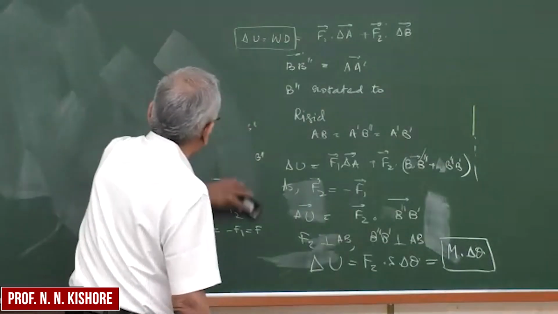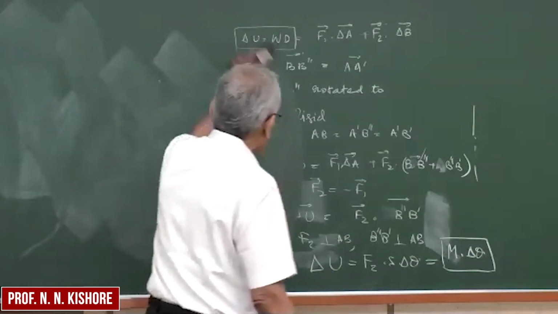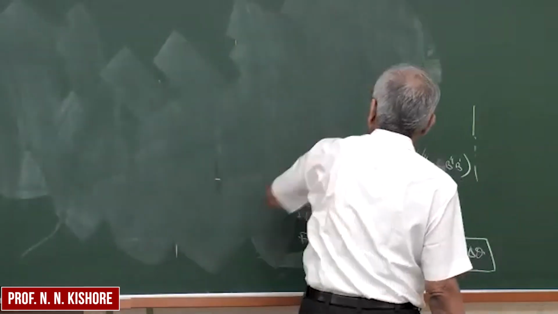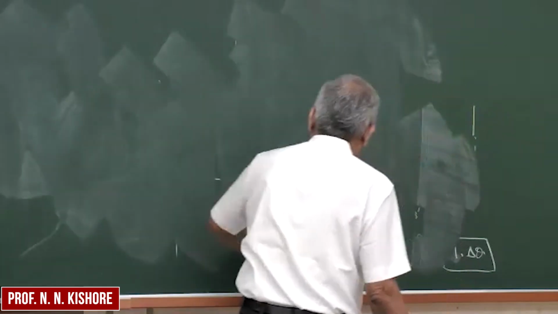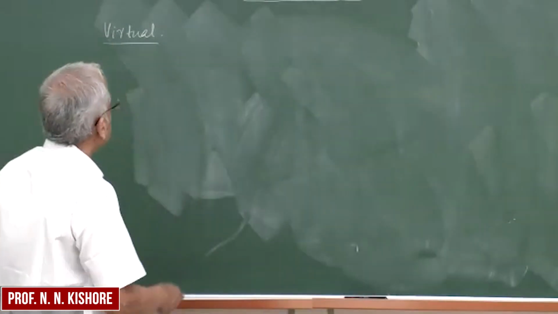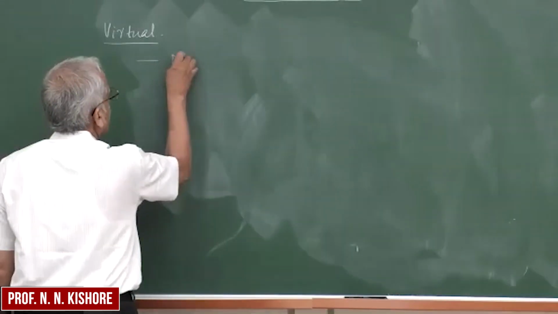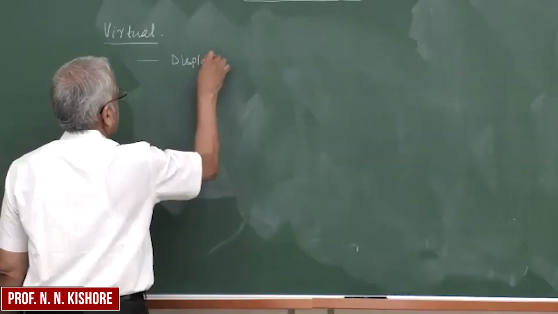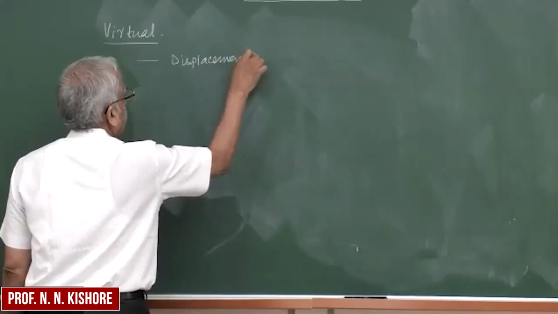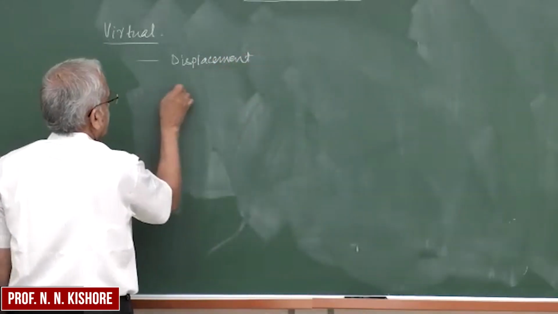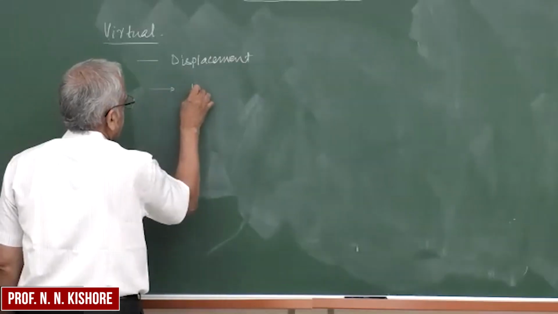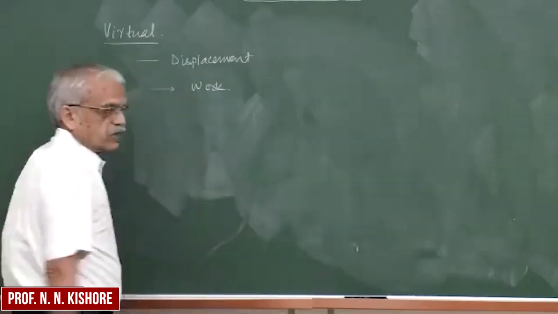Once we know this, we have another very important term, virtual. This term virtual has two parts. One is virtual displacement, and the force is not virtual, and then there is an associated term, work.